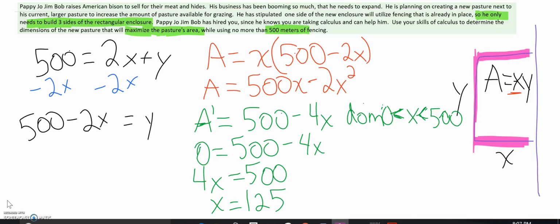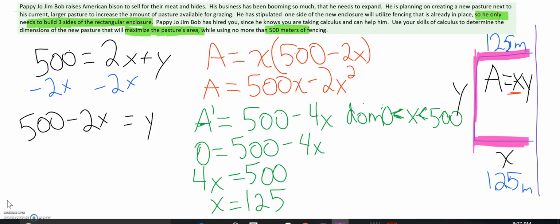So in this particular case, since we've only got one critical value, that tells us that the side length for x needs to be 125 meters on both sides for x, 125 meters here as well.